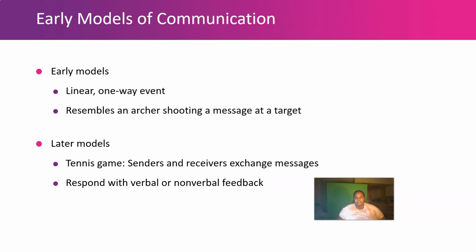Some of the earlier models resembled a more linear approach where they had one speaker say the message to the other speaker, and it didn't necessarily illustrate the interactions between 2 people. So it resembles an archer shooting the message at a target instead of an exchange.